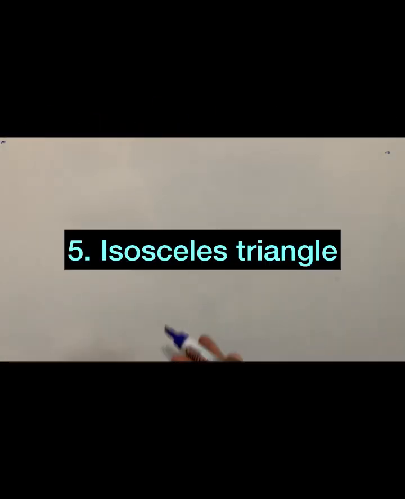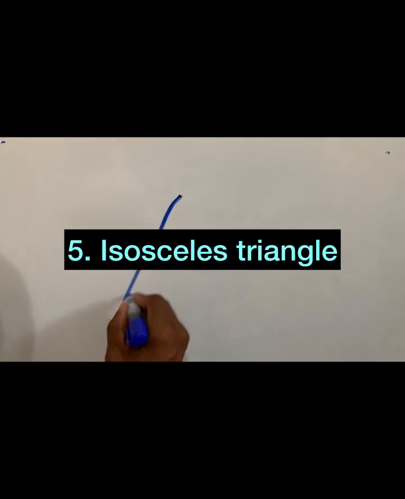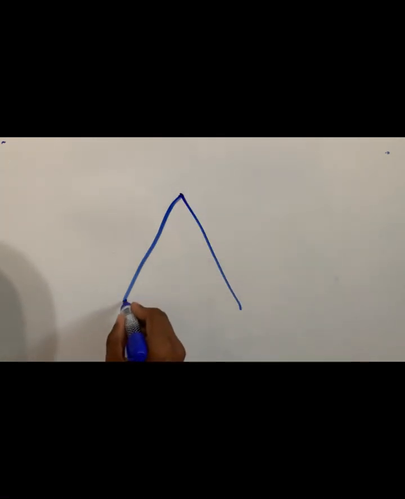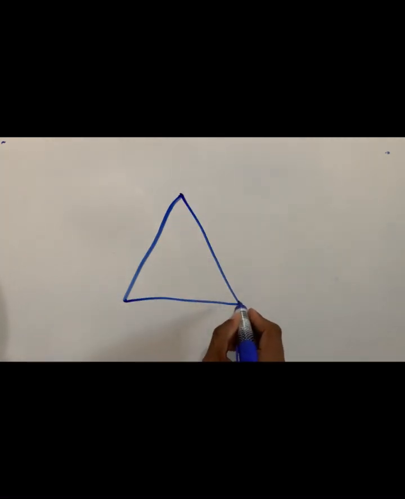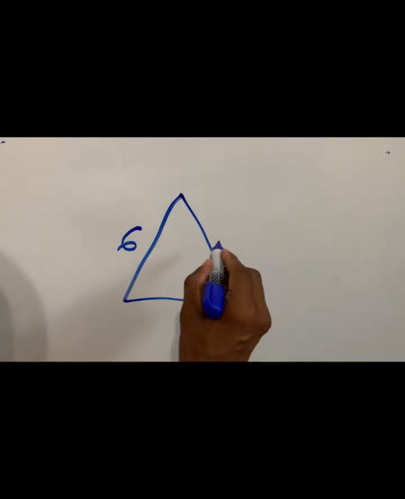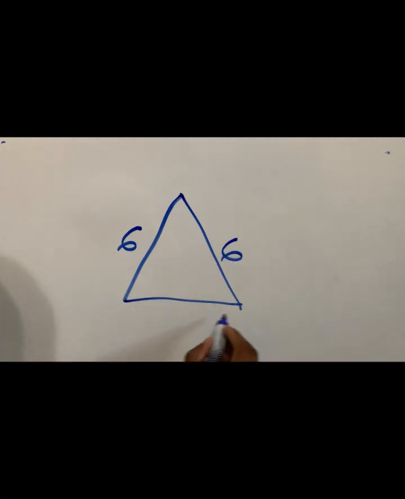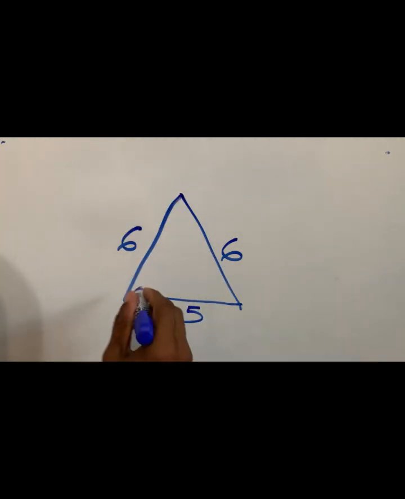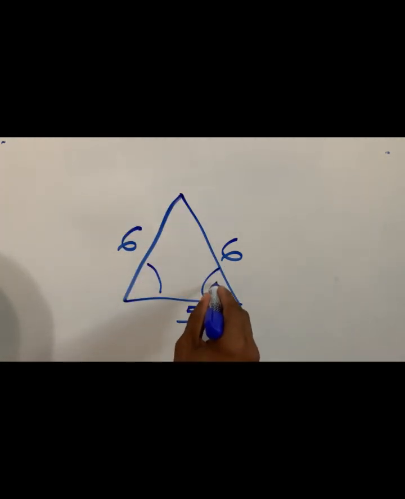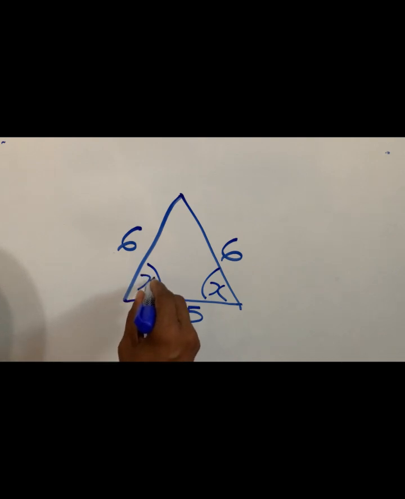Okay, so let's speak about an isosceles triangle. This is what we call an isosceles triangle right here, where we have 2 sides and 2 angles being equal. So let's say this side is 6, this side is 6, and let's say this side here is 5. Okay, so we have these 2 sides equal, and these angles will be equal angles.